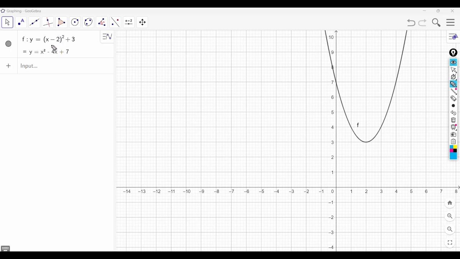So when it's minus 2, that means the vertex is plus 2. The x value of this vertex is plus 2, and the y value is plus 3. This one, the sign matches, plus 3. For x, the sign is opposite. When it's minus, that's when it's at plus 2.